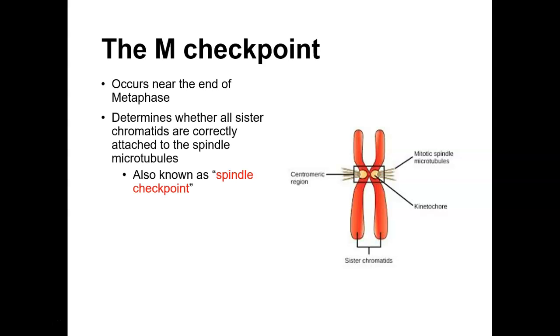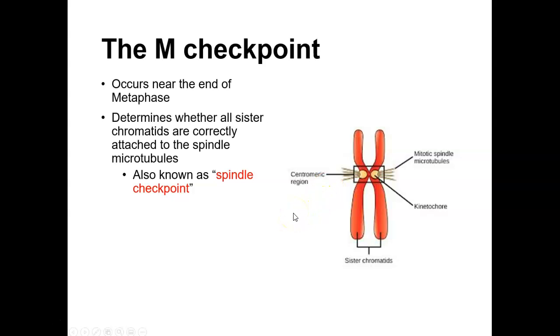And during this, we want to make sure that all the sister chromatids are properly aligned on the spindle fibers. Remember, they attach via this kinetochore in the centromeric region. We don't want them attaching in other places. So are all the sister chromatid pairs attached on the spindle fiber correctly?